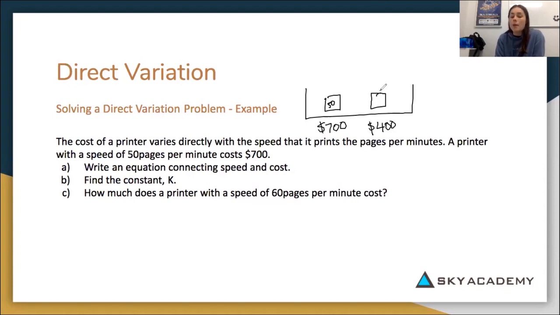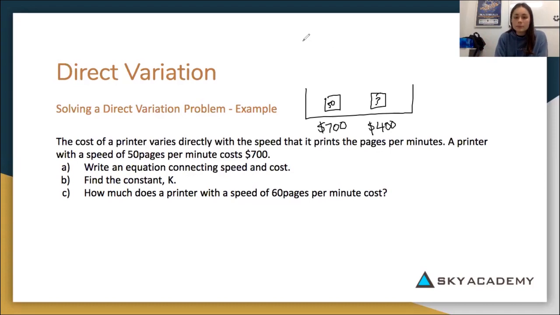We can find the connection between these two variables and find the constant K, and use that constant K for the second printer against the cost to then find the pages that this one will print. So hopefully that puts it into a little bit of perspective of what we're doing.